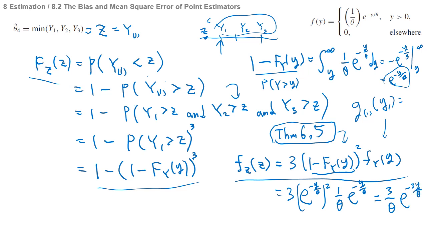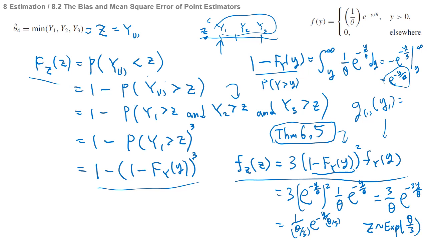And actually we can rewrite this as 1 over (theta over 3) e to the minus y over (theta over 3). And then you can know that this Z follows an exponential distribution with mean theta over 3.